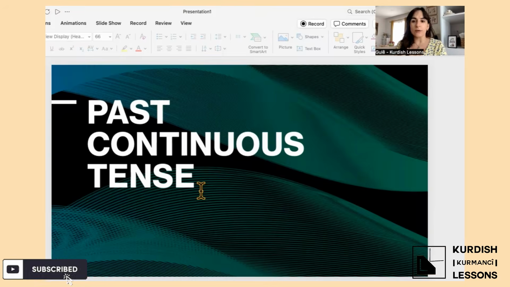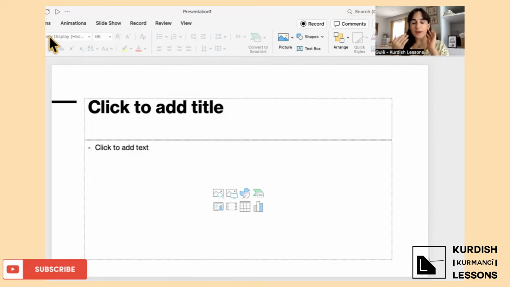Okay. So basically, when we say I was going, I was eating, I was meeting my friends, this is past continuous. In Kurmanji, the past continuous tense is very simple if you know the simple past tense. But of course, I will first give you the main rules for the past continuous tense.